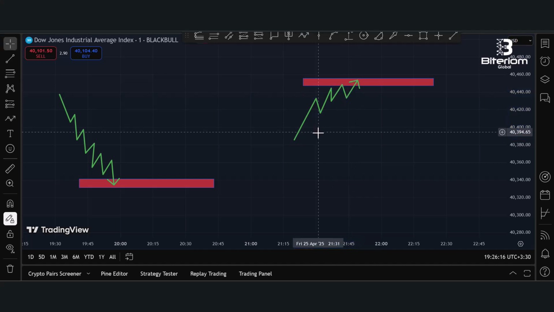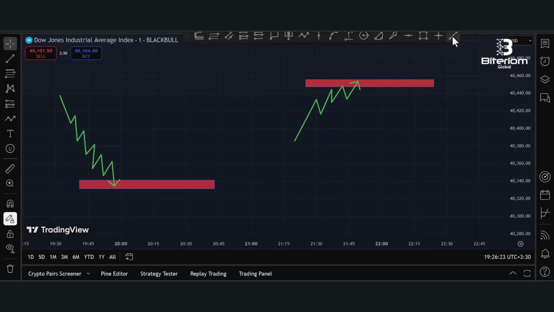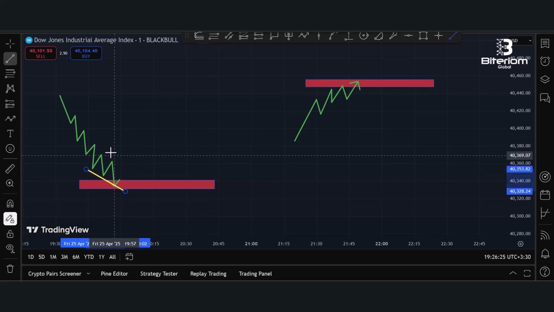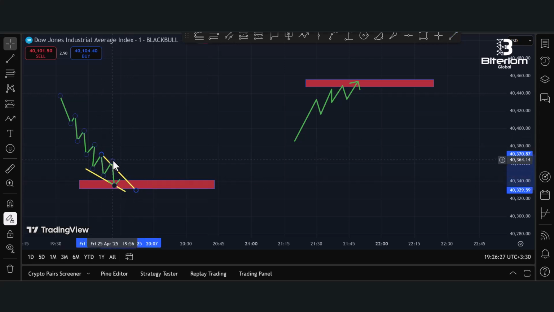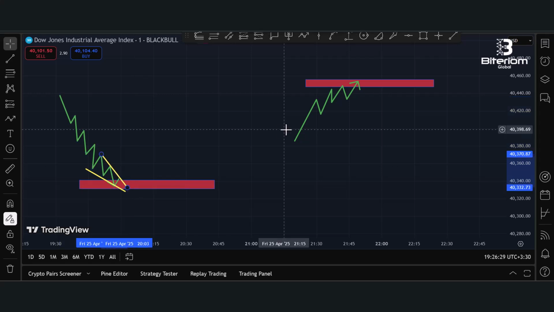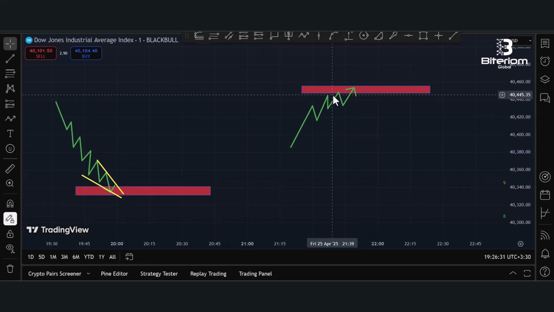After that, we want to see one wedge pattern, like this for the support zone, and like this for the resistance zone, guys.